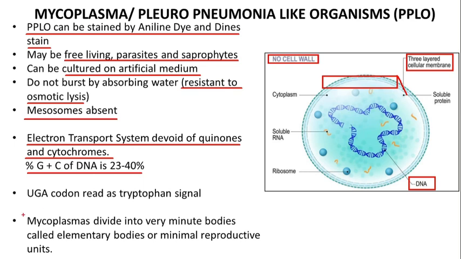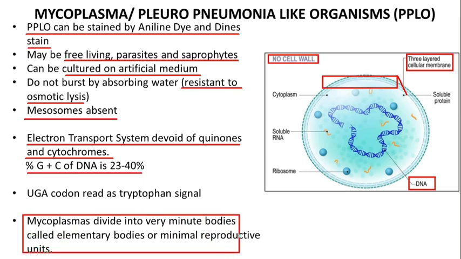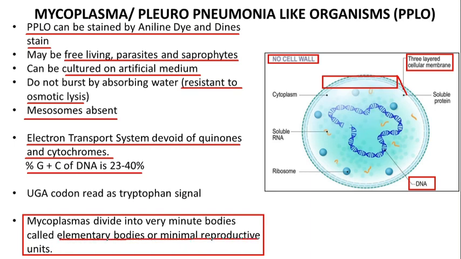Now, mycoplasmas divide into very minute bodies, and these minute bodies are known as elementary bodies or minimal reproductive units. So this is about mycoplasma.